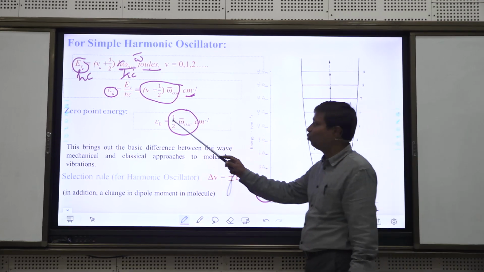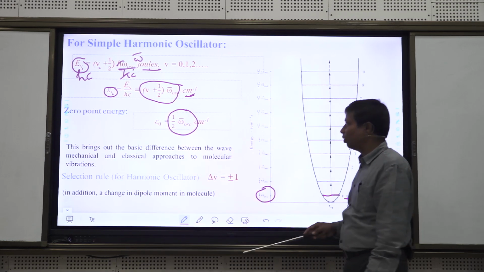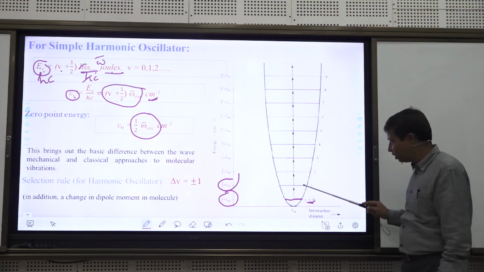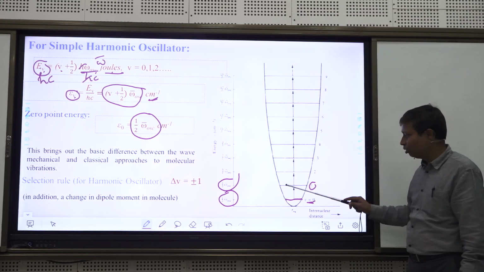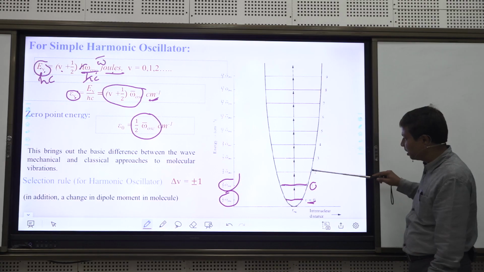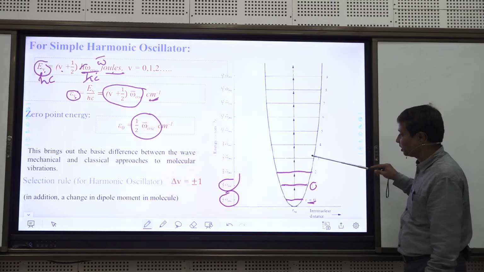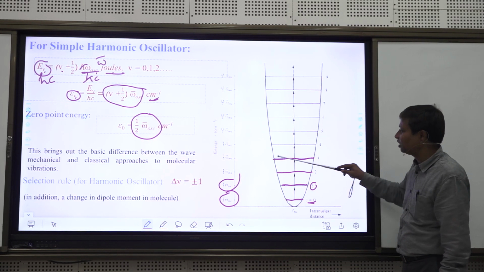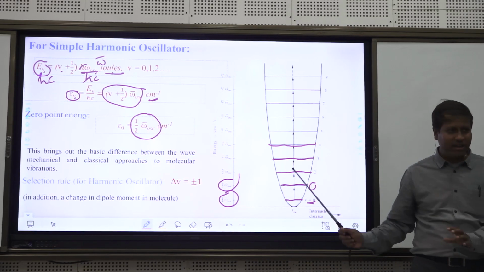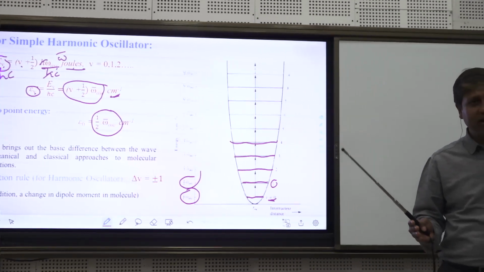Now V is equal to 1, it is 3 by 2 omega OSC. So you can keep on calculating and get the vibrational energy levels in a diatomic molecule.